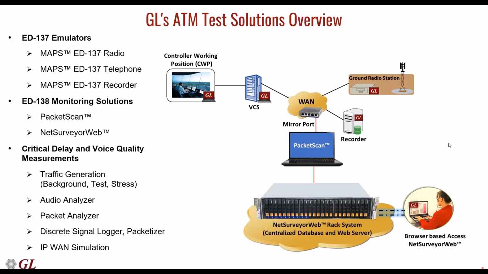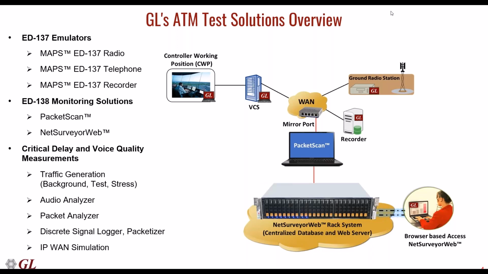The next category is ED-138 monitoring solutions, where we have two products, but both of them work in tandem. The first product is PacketScan. It is an IP probe which sits in the network and captures the packets non-intrusively. It identifies the air to ground and ground to ground communications happening in the network, performs a very deep analysis, and gathers detailed statistics for both signaling and voice.